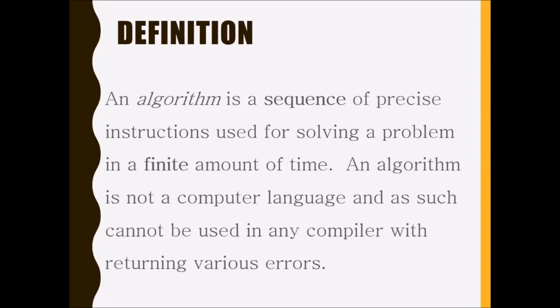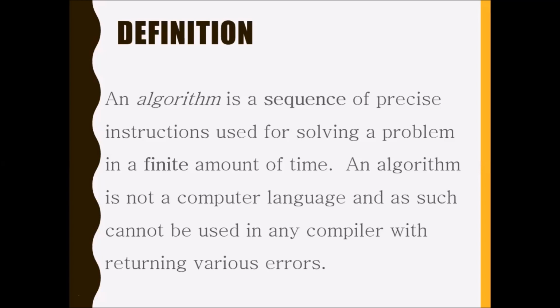So you must remember that it is a sequence of instructions that are used to solve a problem in a finite amount of time. So the algorithm must have an end point. It's not going to continue forever and ever. Even though you have looping structures, it must have an end.